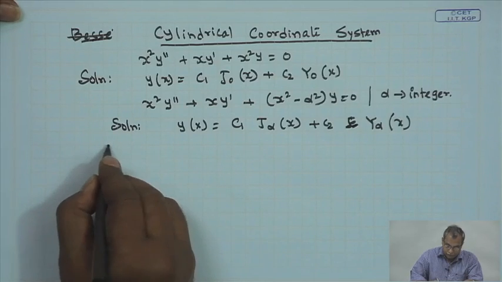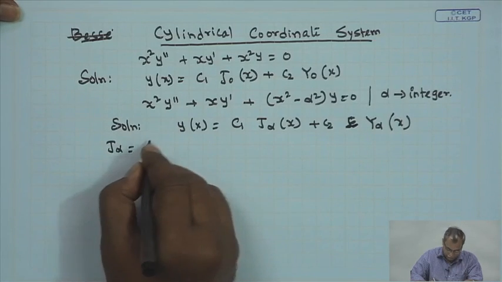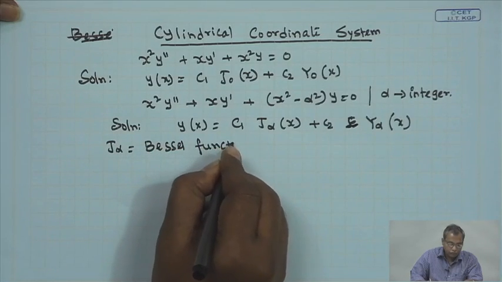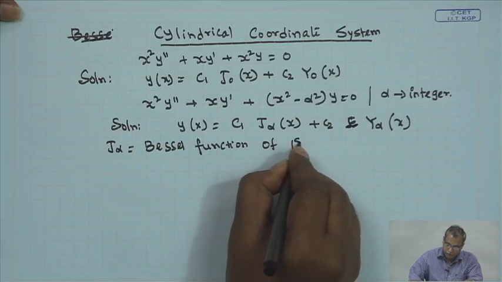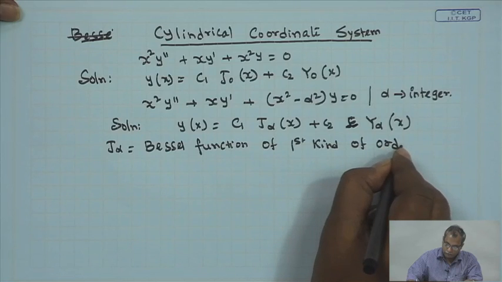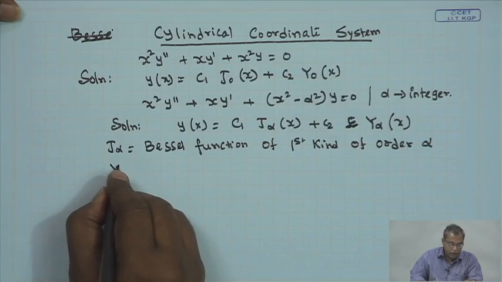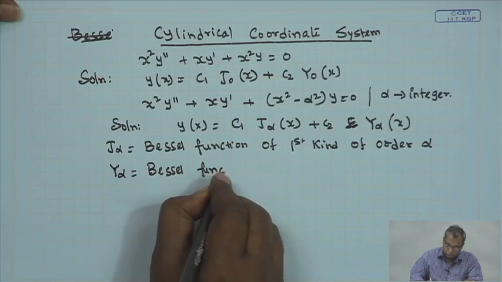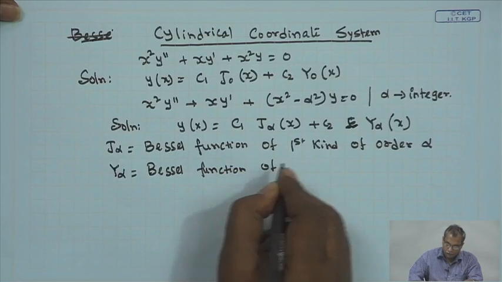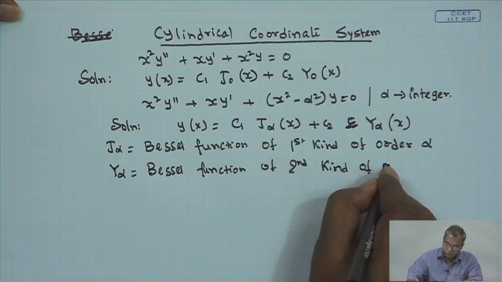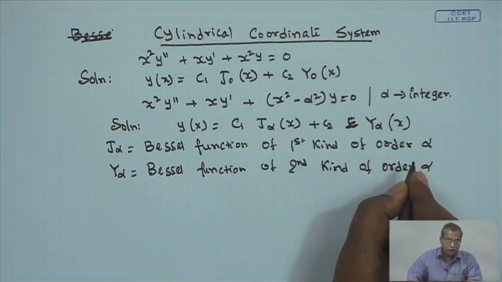So, J alpha is known as the Bessel function of first kind of order alpha, and Y alpha is known as the Bessel function of second kind of order alpha.